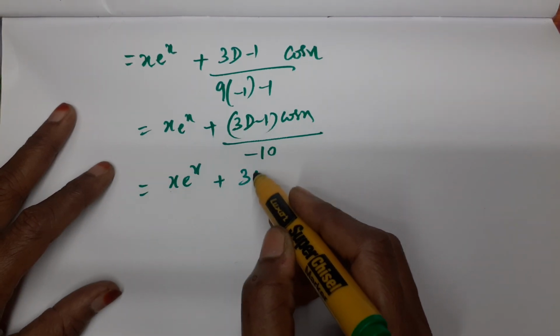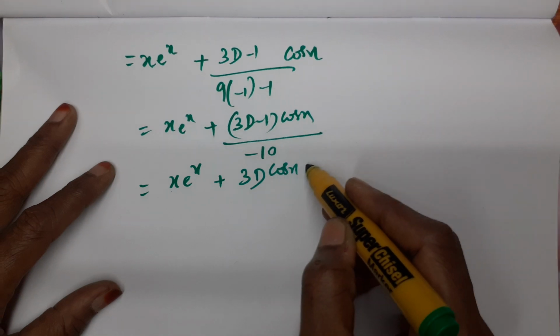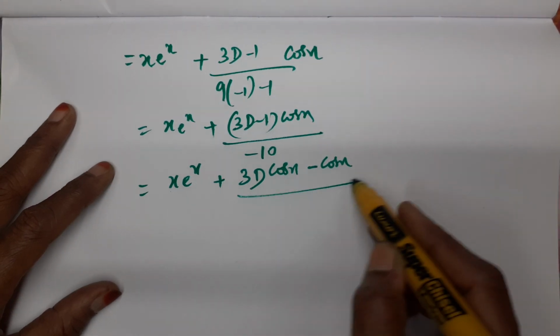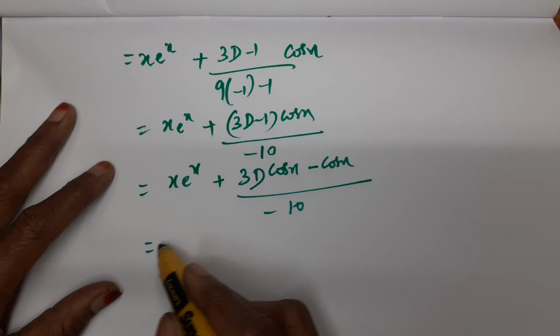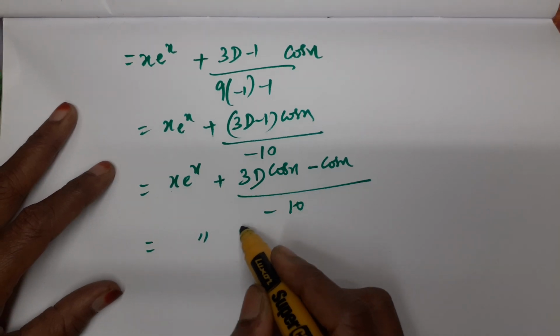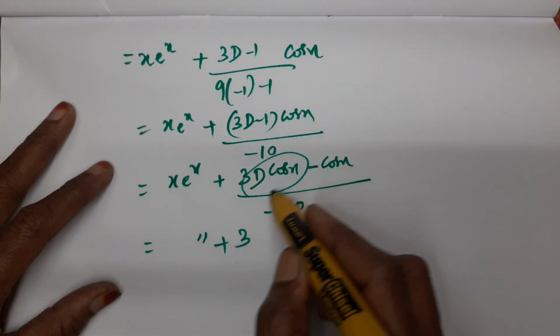This one, when we expand, it is 3D cos x minus cos x. In the denominator, we have minus 10.